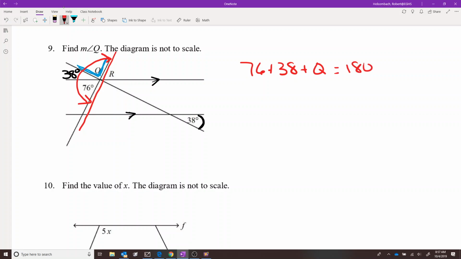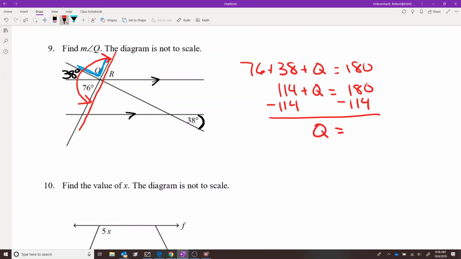So your 76 plus 38, 114 plus Q equals 180. And you can subtract 114. So angle Q is equal to 66 degrees.